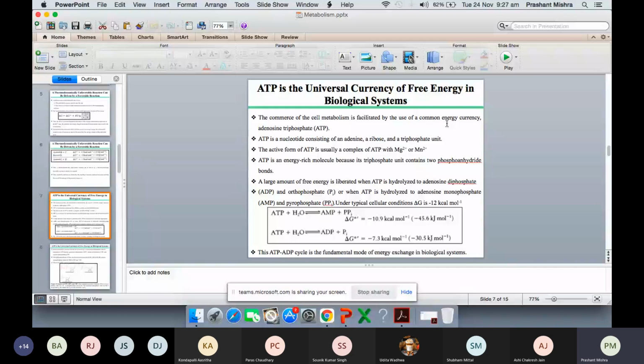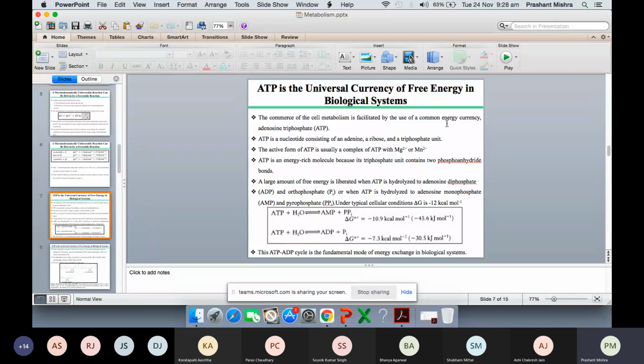Now, looking at the chemical form of ATP, you have already studied it under nucleotides. You have learned about the nucleotide AMP, adenosine monophosphate. So you have the base, which is adenine. You have a sugar molecule, which is ribose, and you have a phosphate. Now here the phosphate groups are not single.